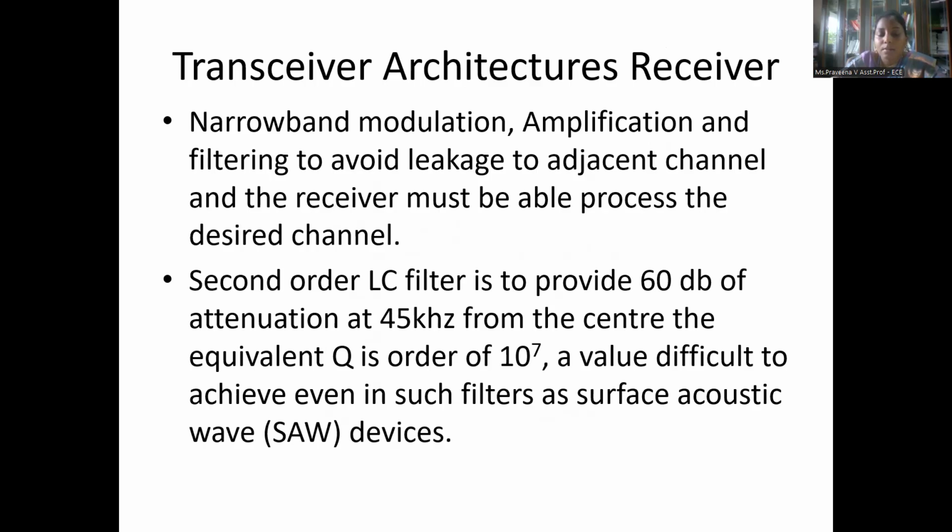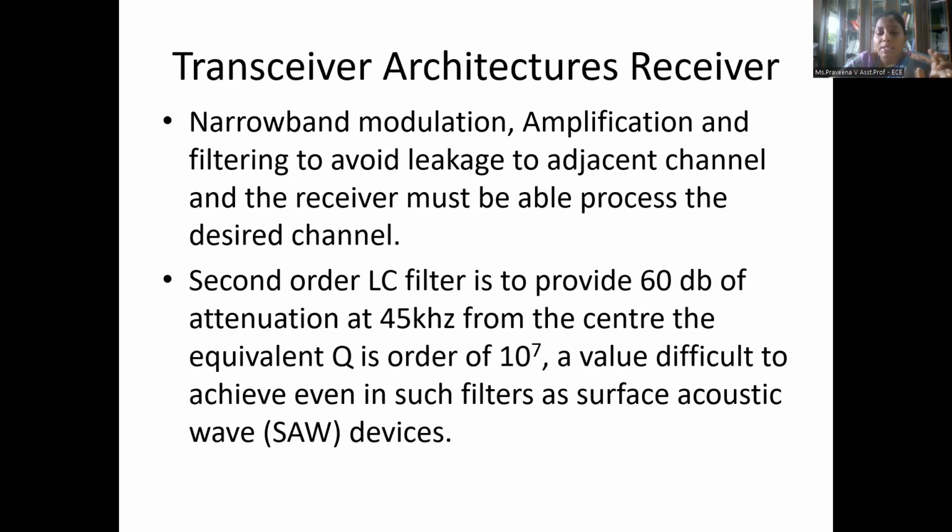So here is narrowband modulation. Narrowband modulation uses strict bandwidth control along with amplification and filtering in order to prevent signal leakage into the adjacent channel, ensuring that the receiver receives the desired signal. In order to achieve high selectivity, very sharp filters are required.